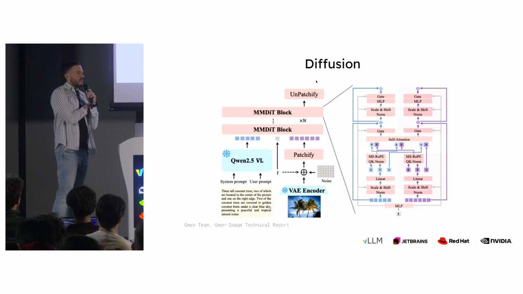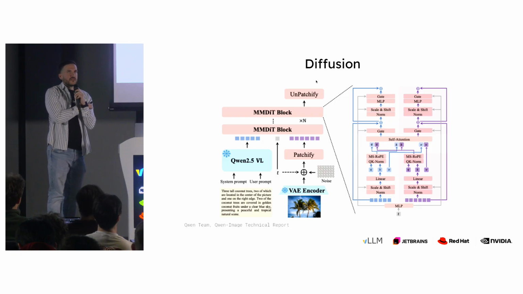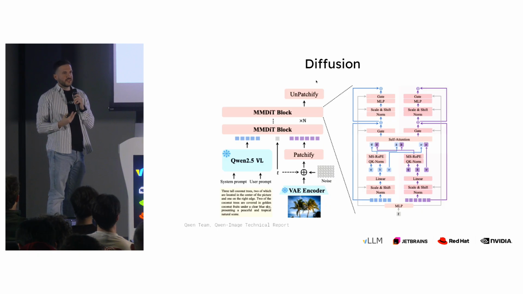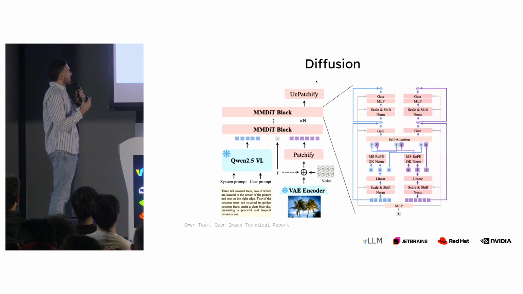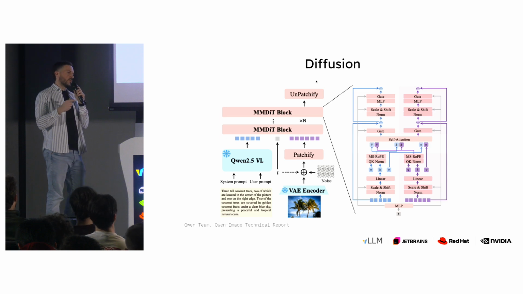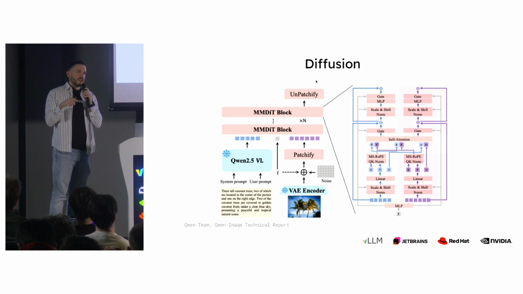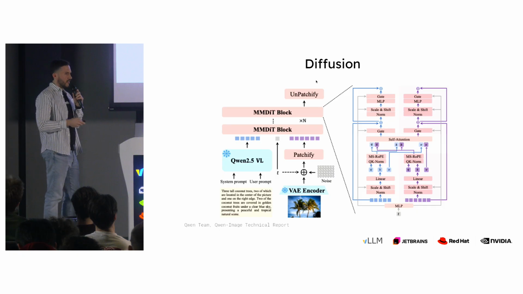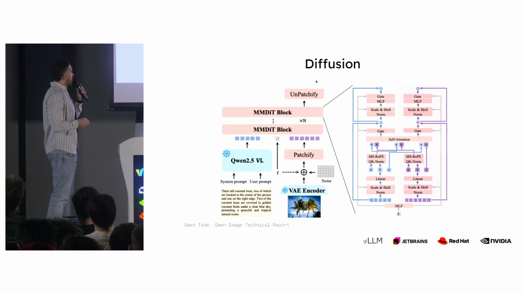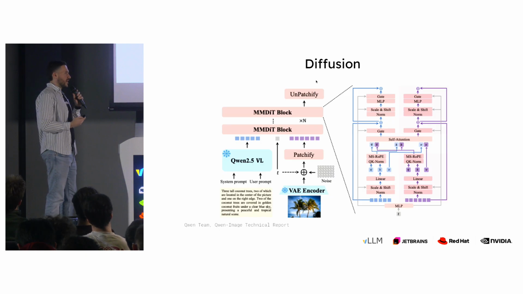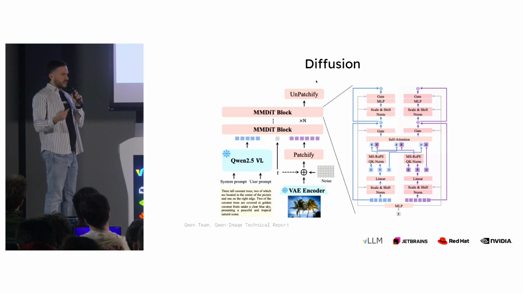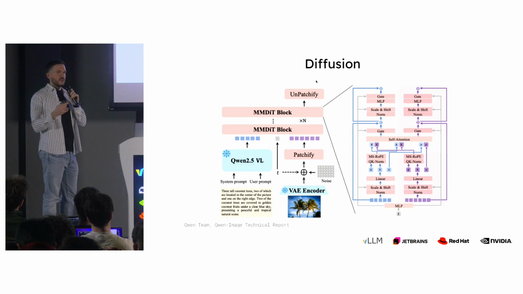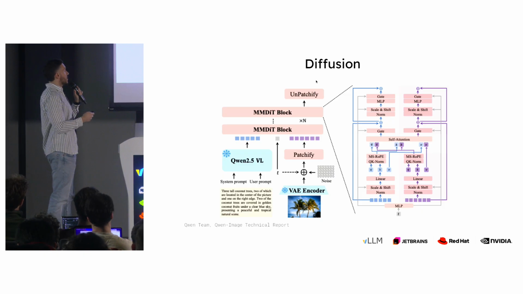These are all ways to take your input and project it into token space, which is the input to the actual transformer, and the transformer will repeat the diffusion step n times, as happened with the UNet a few years ago. Then in the end there's an unpatchify step, which is a peculiarity of transformer models, where you have all the output tokens generated and you reshape them back into an image.